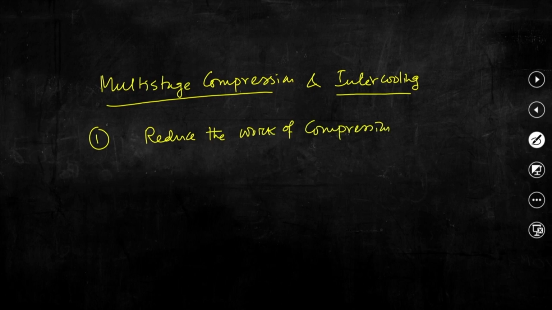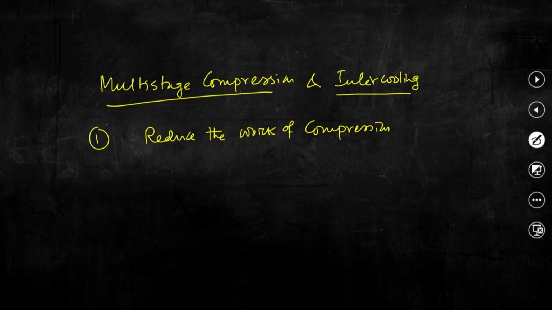Whatever points I am writing here are the advantageous features, and these features will be very important to ensure when there is a compression process, whose sole purpose is a substantial increase in pressure.